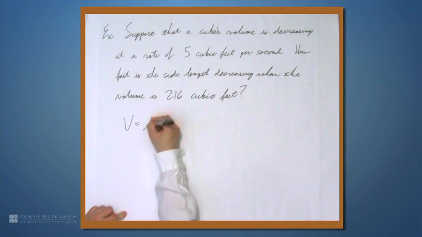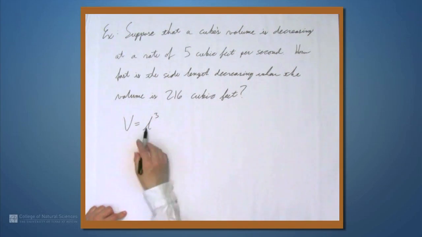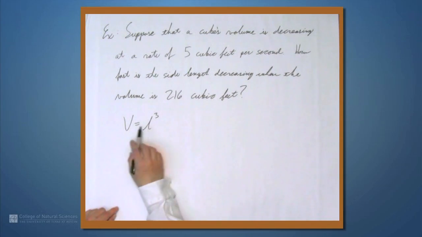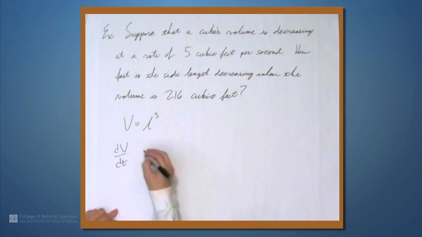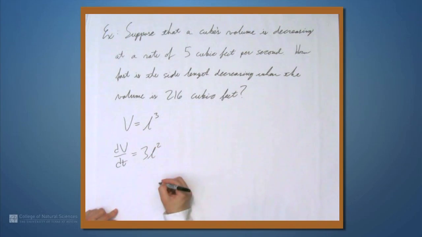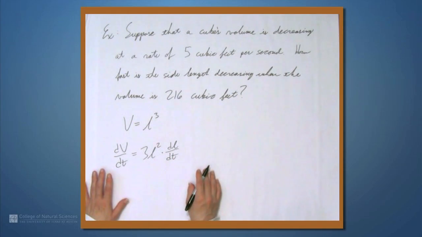Volume equals side length cubed. Just like before, we can take the derivative of both sides with respect to t. So we get dV/dt equals 3L squared. And then again, by the chain rule, we multiply by the derivative of L with respect to t, so times dL/dt. And let's actually pause right here.